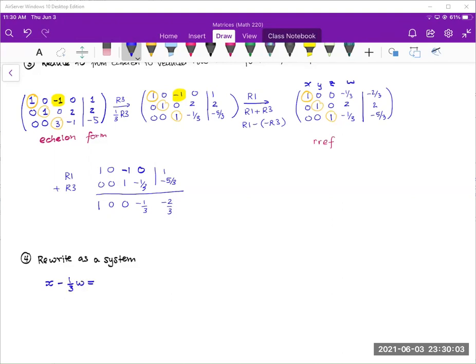And that's going to be equal to negative 2/3. We have 0 x's, 1 y, 0 z's, and then 2 w's equal to 2. And we have 0 x's, 0 y's, 1 z minus 1/3 w equals negative 5/3.